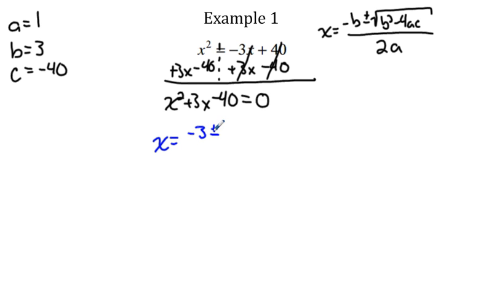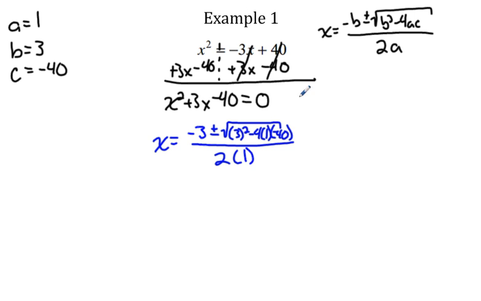One time we're going to add, the next time we're going to subtract. So negative 3 plus or minus the square root of b, which is 3, squared minus 4 times a, which is 1, times c, which is negative 40, all over 2 times a, which in this case is 1.